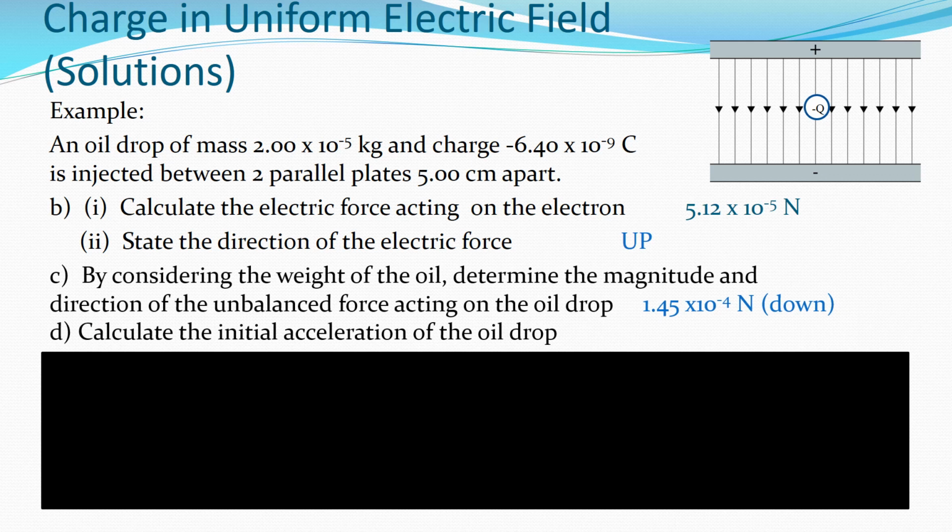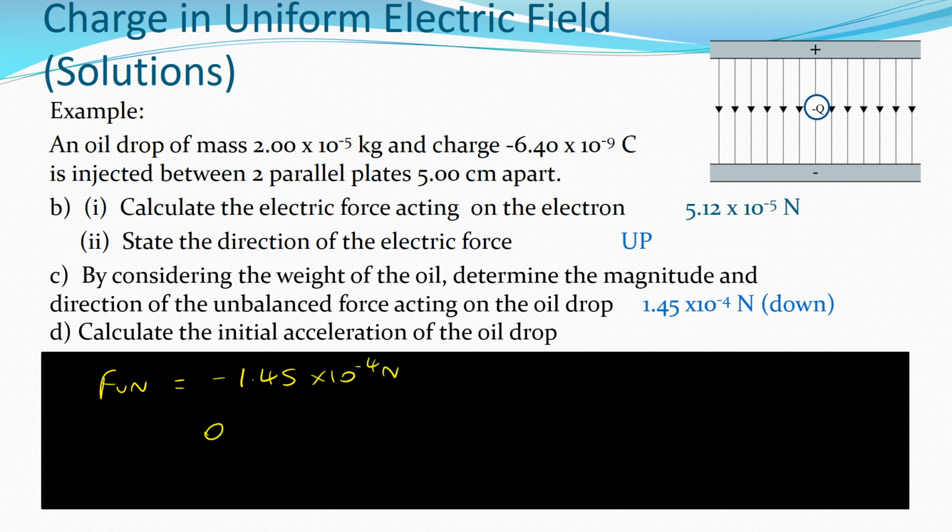Now we're asked to calculate the initial acceleration of the oil drop. Well, this is quite simple. We know that the unbalanced force is equal to 1.45 times 10 to the negative 4 newtons down.